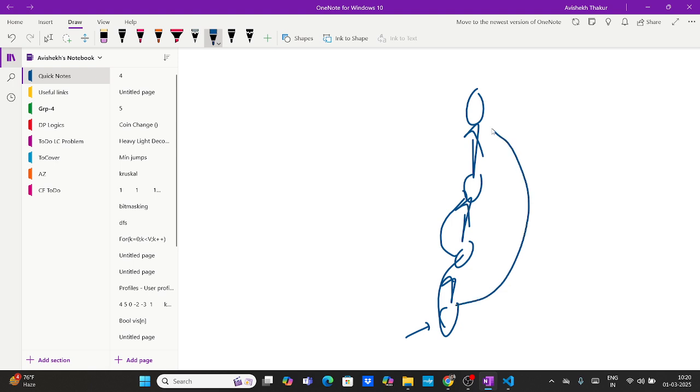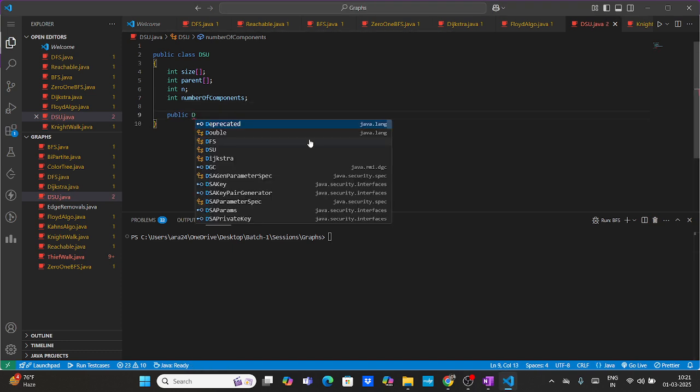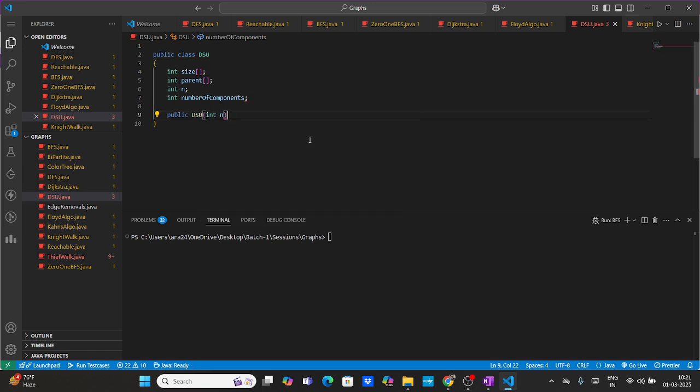When you do path compression, it becomes like this, and then the parent becomes this. But in general, the parent is to whom it is connected. Say you don't do path compression, then it will be like this only. So the parent is whoever it is connected to, by a directed edge. Now let's create a constructor, and what we will be given is n nodes.